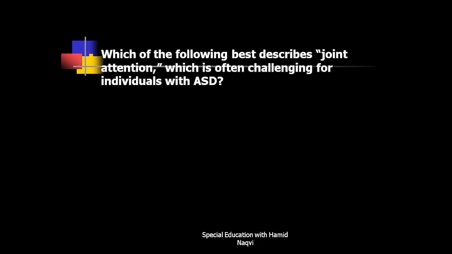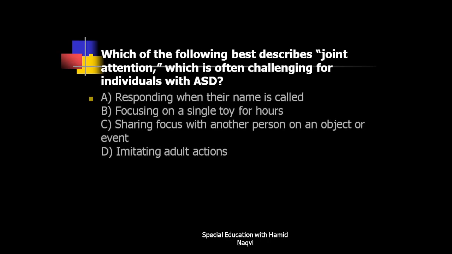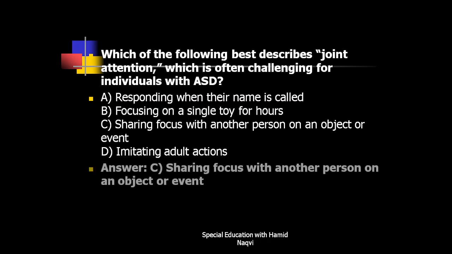Next is which of the following best describes joint attention, which is often challenging for individuals with ASD? Responding when the name is called, focusing on a single toy for hours, sharing focus with another person on an object or event, imitating adult actions.